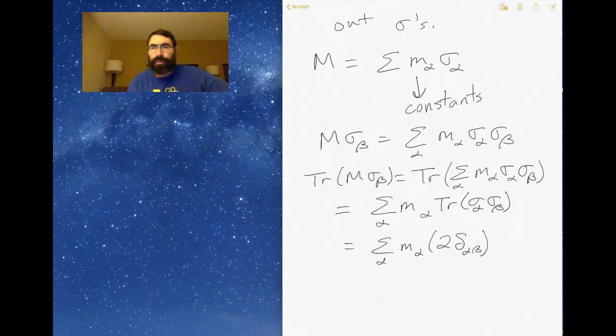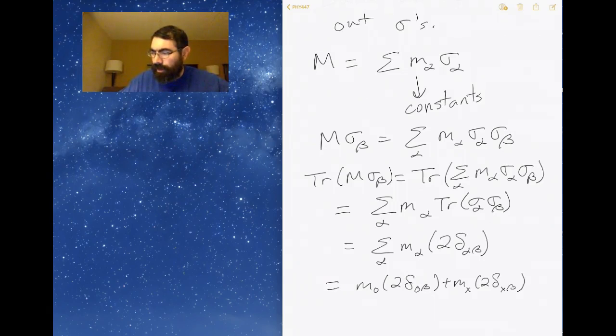And so if I remember, if this was the sum of 4 of them, that would be M0 2 delta 0 beta plus Mx 2 delta x beta plus My 2 delta y beta plus Mz 2 delta z beta.